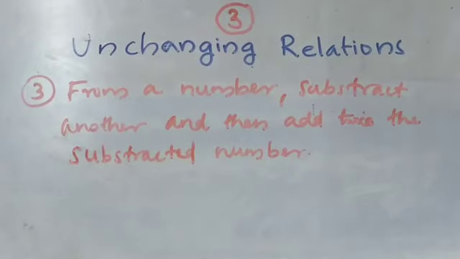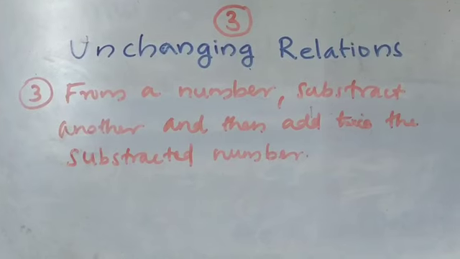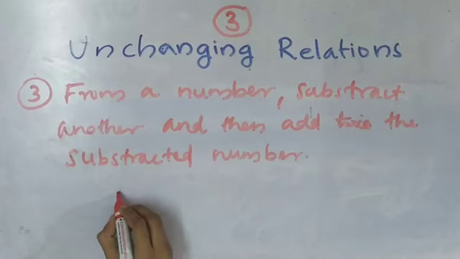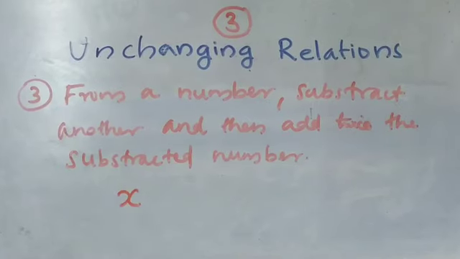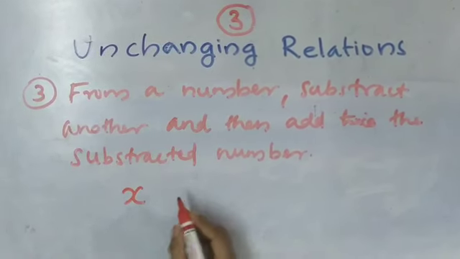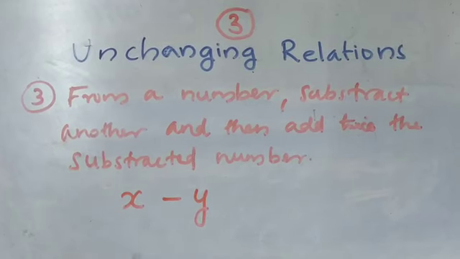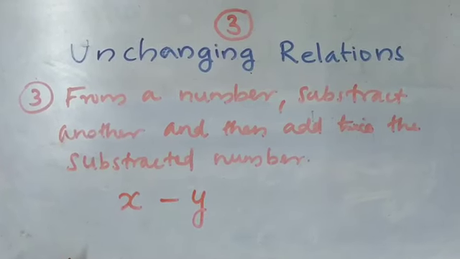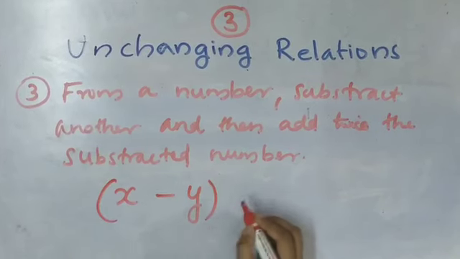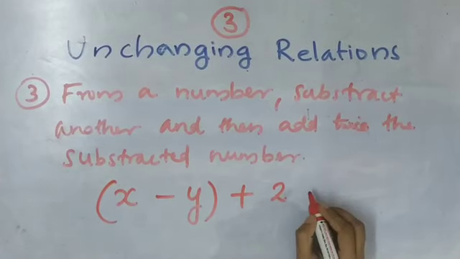The third question is from a number subtract another and then add twice the subtracted number. So from a number, suppose the number is x, okay, subtract another. So this is another number not related to x. I am going to subtract a number y from x and then add twice the subtracted number.